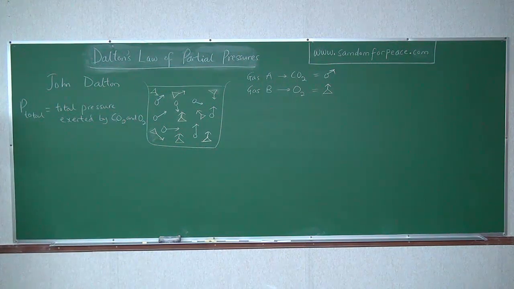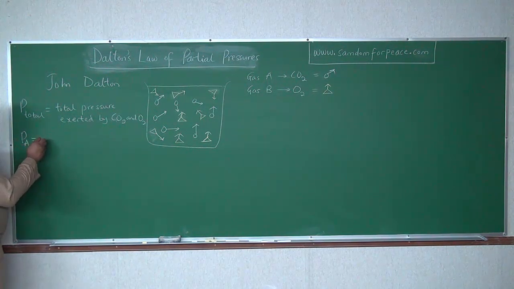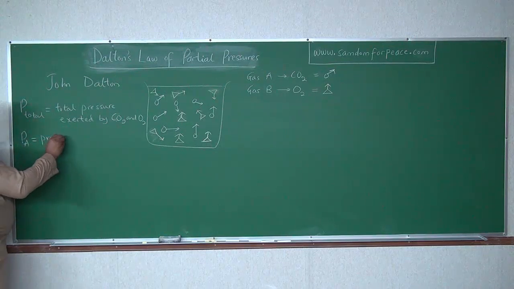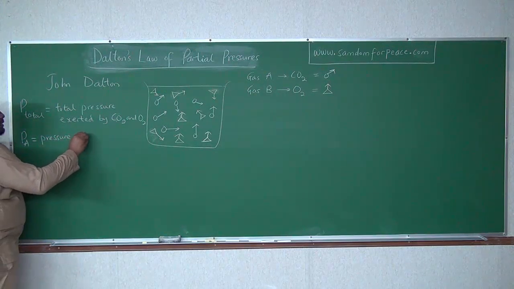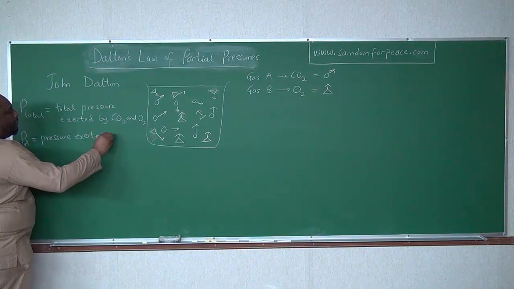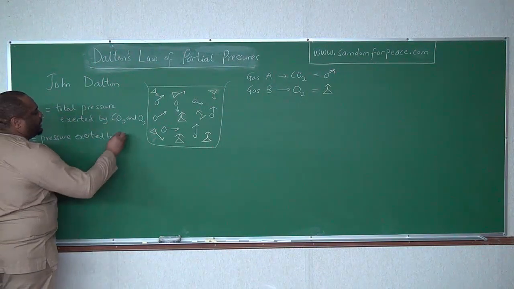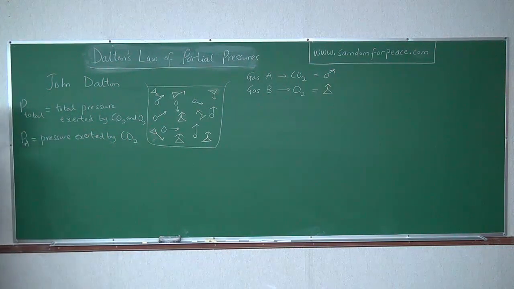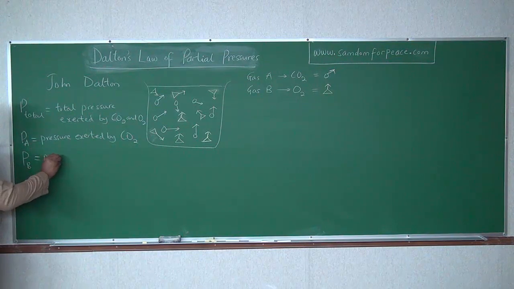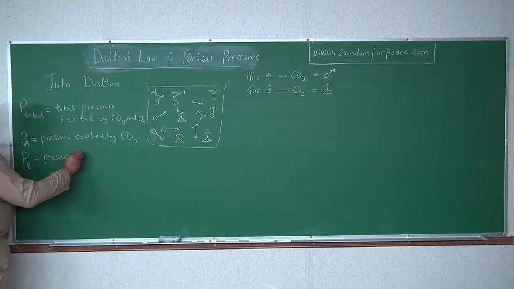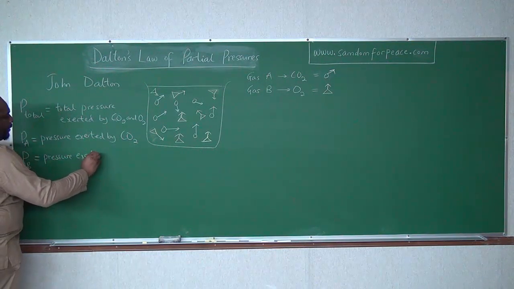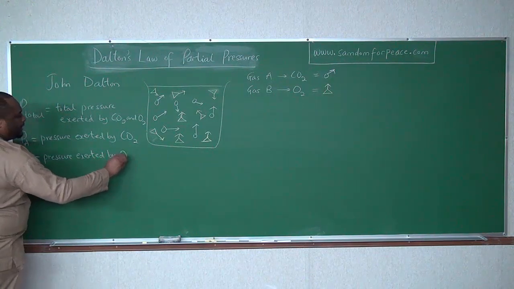That's P total. And let me call P subscript A the pressure exerted by gas A, which is carbon dioxide. And then P subscript B is the pressure exerted by the oxygen gas.